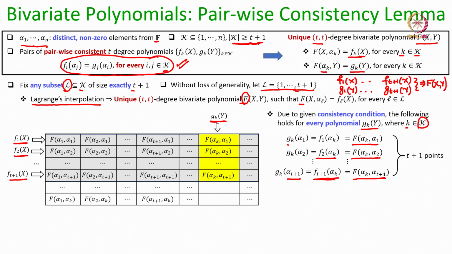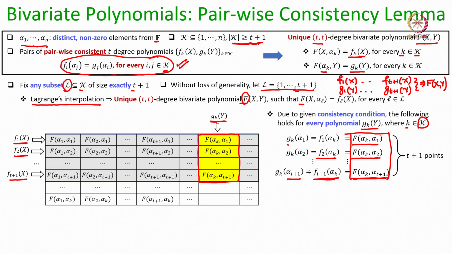Now, what have I shown here? I have shown that there are t plus 1 points on my bivariate polynomial, which are these highlighted points here in the kth column of my matrix. These are the t plus 1 highlighted points in the matrix. They also lie on my g k y polynomial.